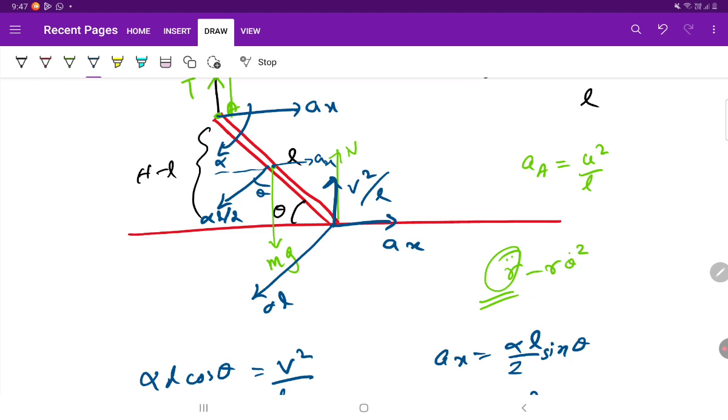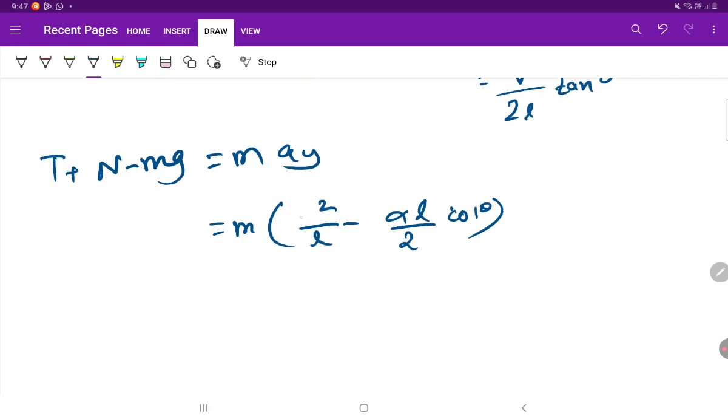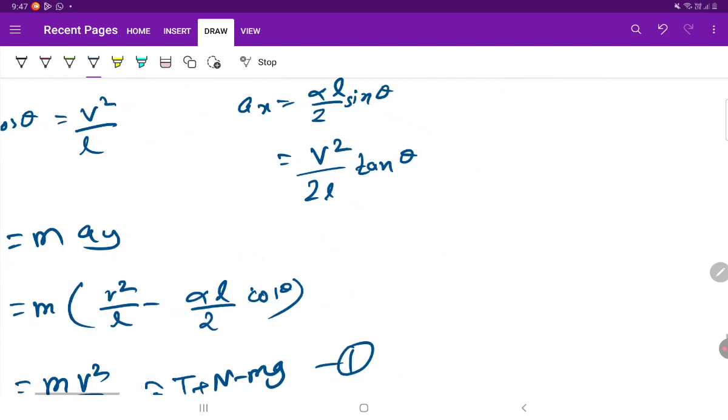Yeah, it will be alpha L by 2 cos theta. Sorry, it will be alpha L by 2 cos theta, and substituting those values, you will get m v square by 2L equals T plus N minus mg.